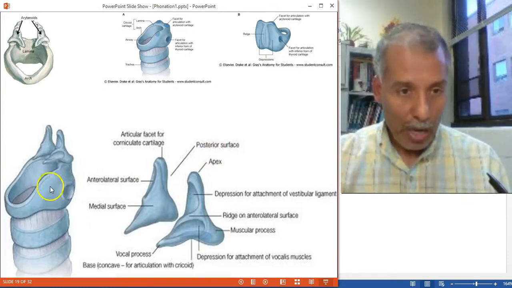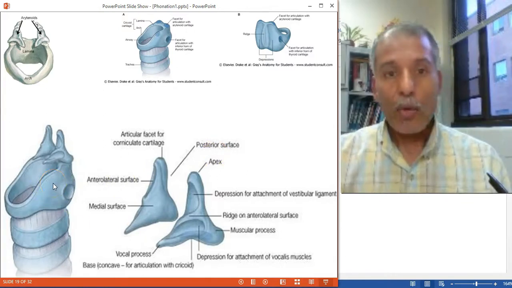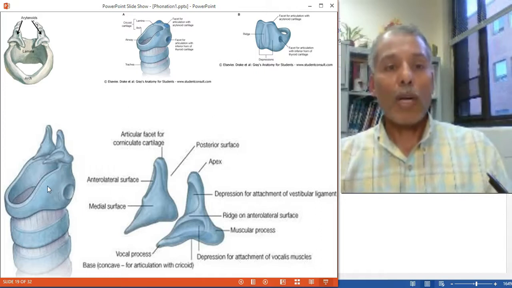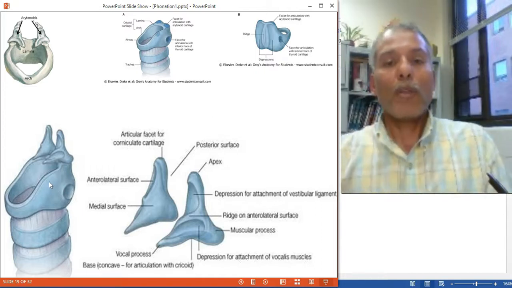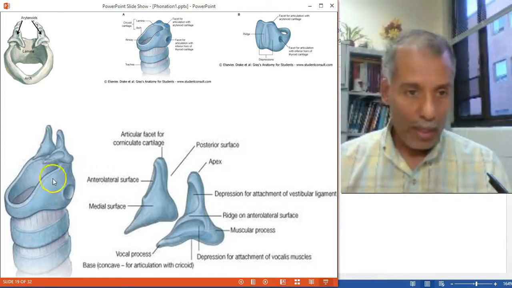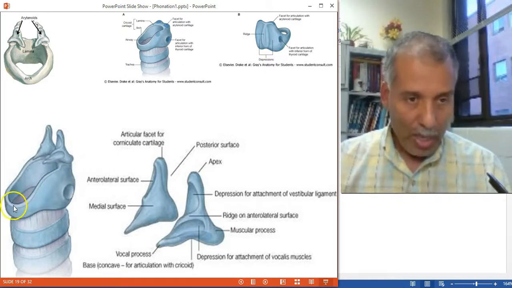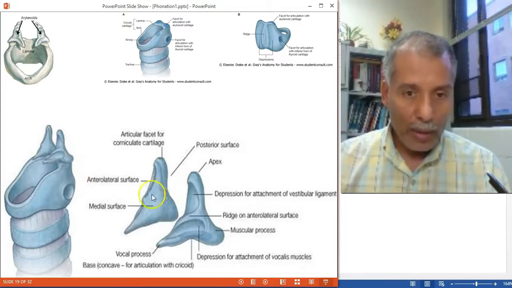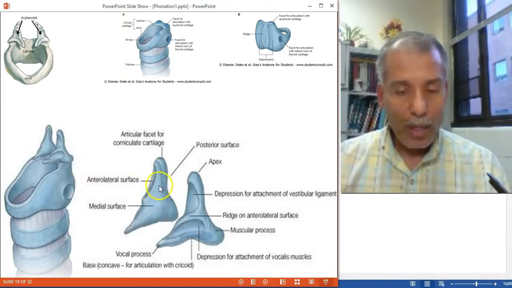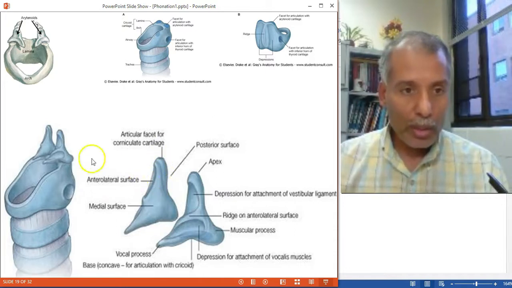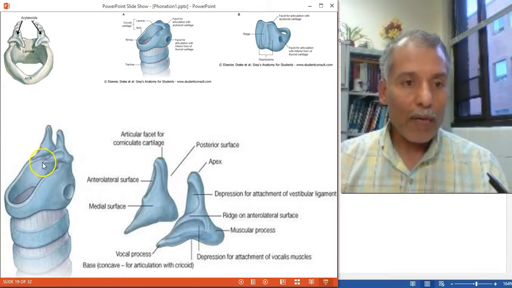You can see it now here. I want you to know the landmarks of the cricoid. You have three different views of it here. Here's the front, and this is the posterior part. On top of it, you find the arytenoid cartilages. One is here and one is here, and each one is going to have a vocal fold attaching to it.